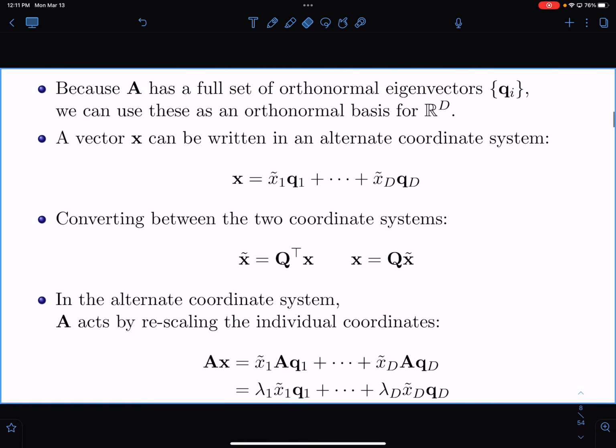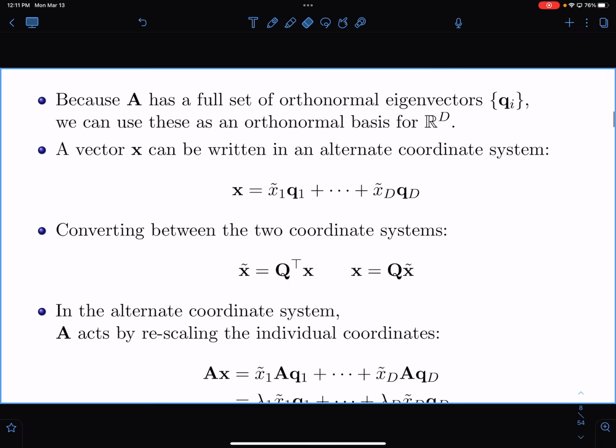I guess this describes what I said again. If you apply Q transpose to a vector, this converts to the eigenbasis. And then applying Q converts back to your original basis.